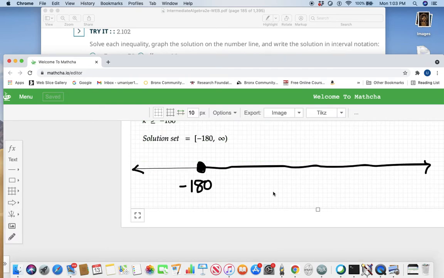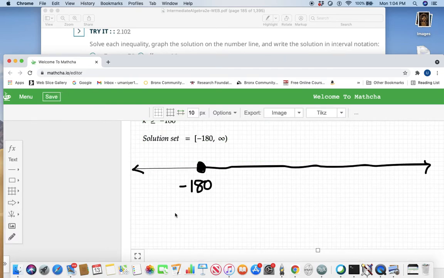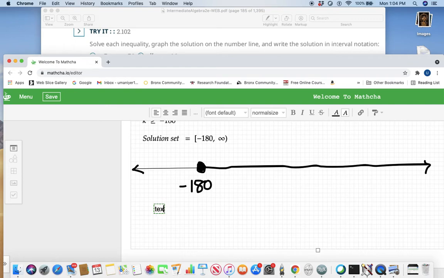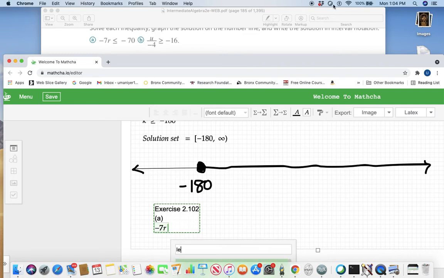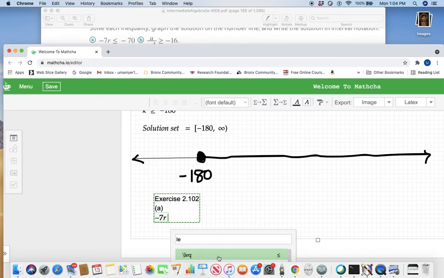2.102. Negative 7r less or equals negative 70.